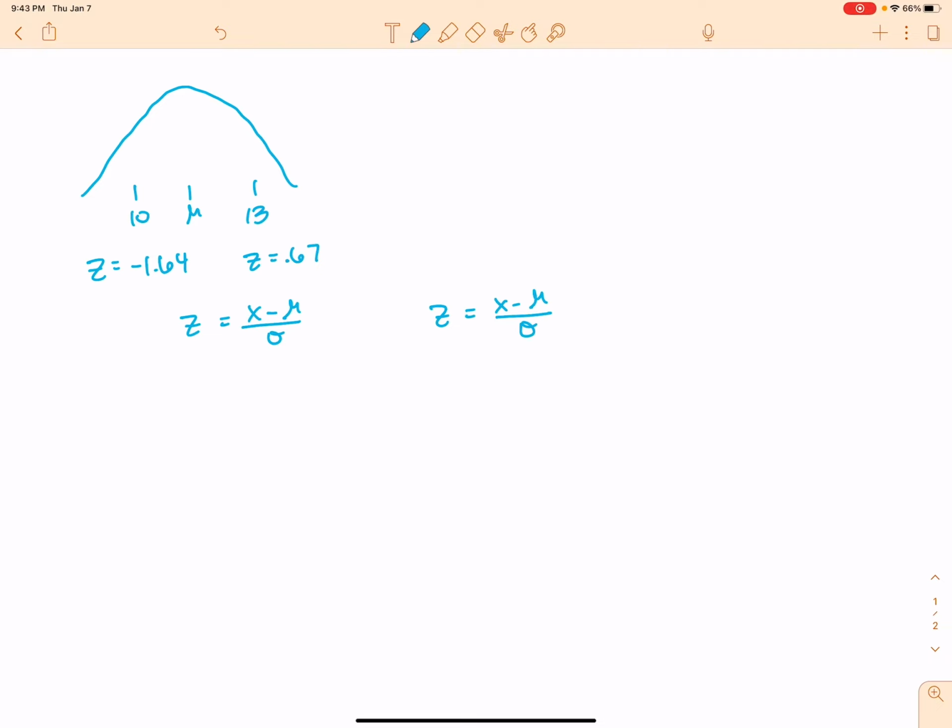So I've got negative 1.64 equals 10 minus mu over the standard deviation. Then I'm just going to cross multiply, so I've got negative 1.64 standard deviations equals 10 minus mu.